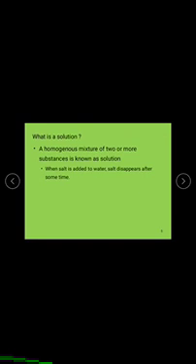In the examination point of view, they may ask us a question, what is a solution? A homogeneous mixture, just now we discussed that two or more components uniformly combined, and then the mixture is called a homogeneous mixture.